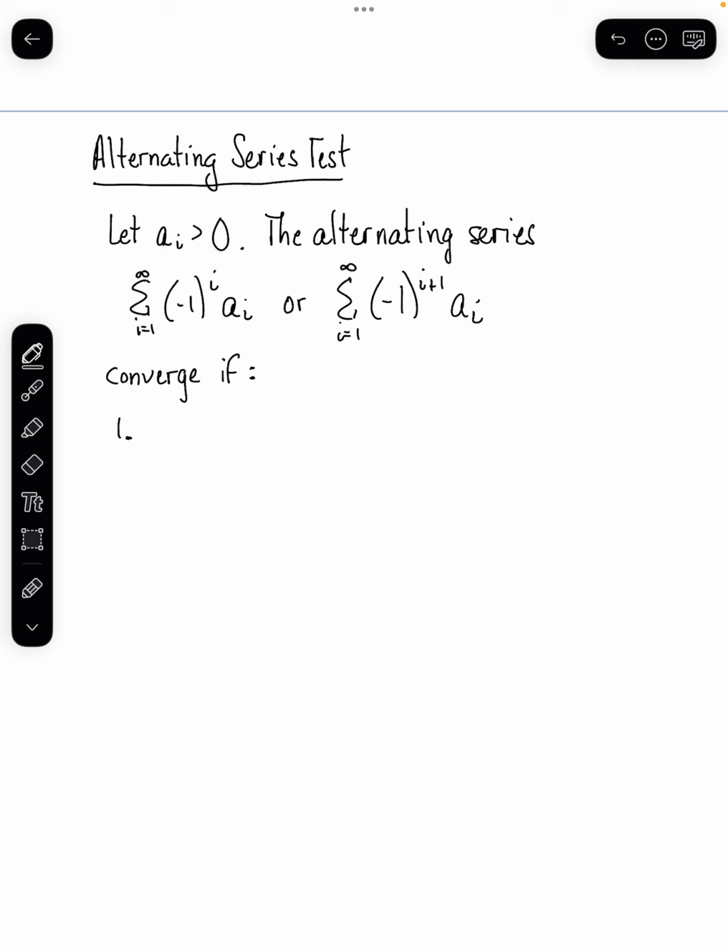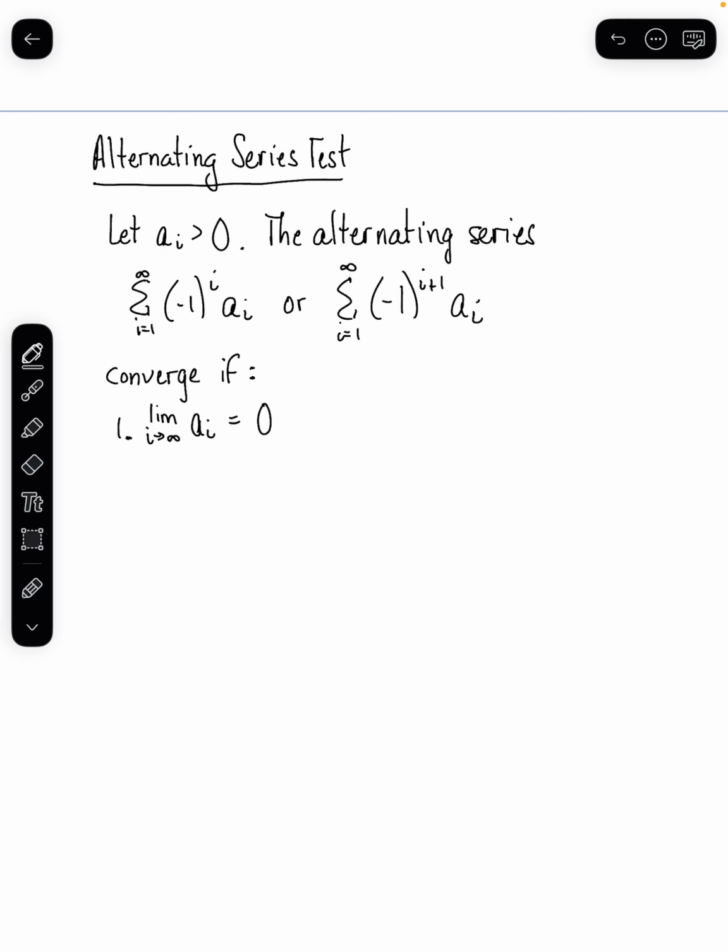First, like any series, we need the terms themselves to be decreasing in magnitude. And more specifically, they need to be approaching 0. So what we need is first, the limit as i approaches infinity of the magnitude of the term, again not concerning ourselves with the sign here.